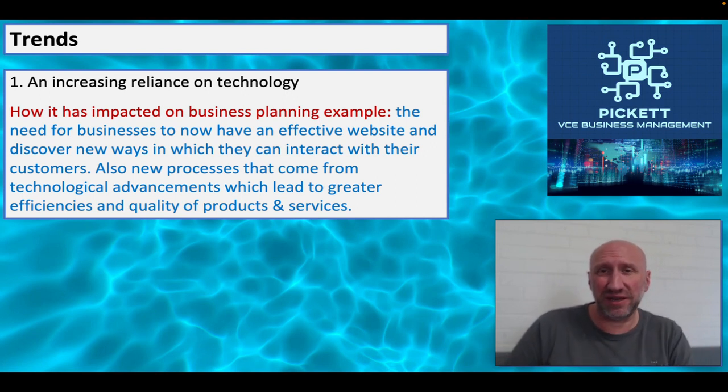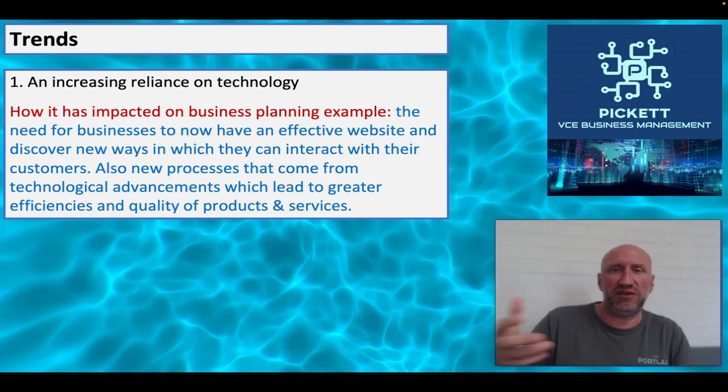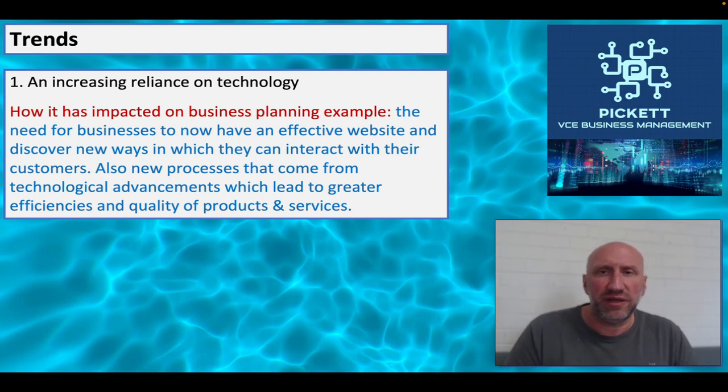Again, if your target market is the younger part of society, maybe 15, 16 to the early 30s, somewhere in that kind of range, it's almost an expectation now in certain types of business that they're going to interact with you online. So if you're ignoring that trend, then you're ignoring the needs of a large part of your potential customer base.